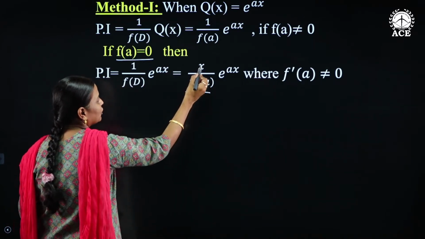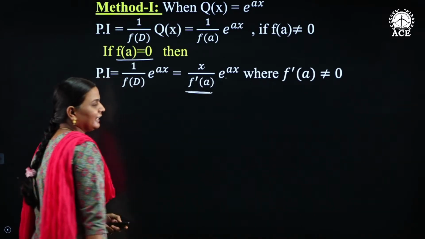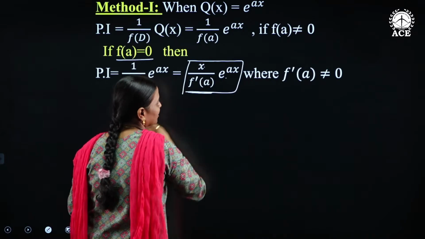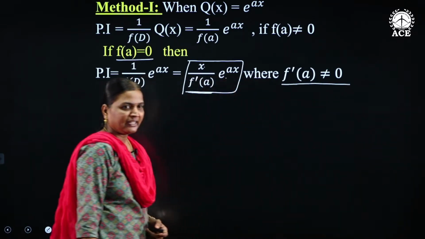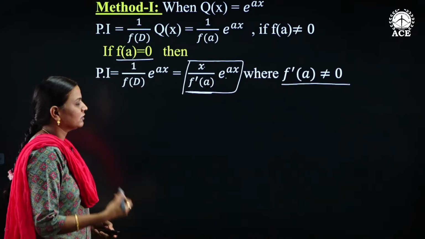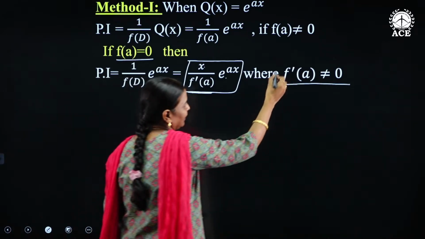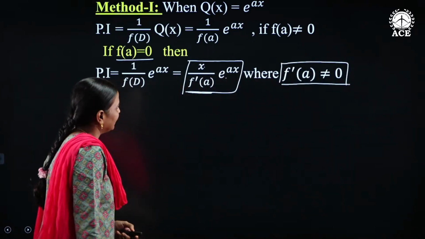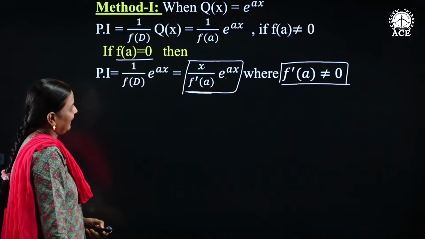When f of a is equal to 0, the particular integral is x by f dash of a into e power ax. Here we have one more condition: provided f dash of a is not equal to 0. When it is equal to 0, this particular integral does not exist. That's why this condition is very important.